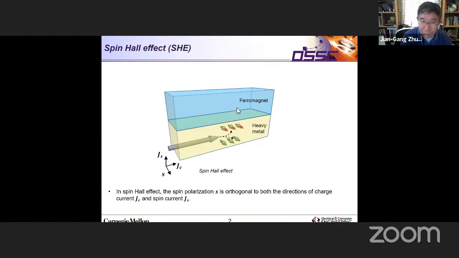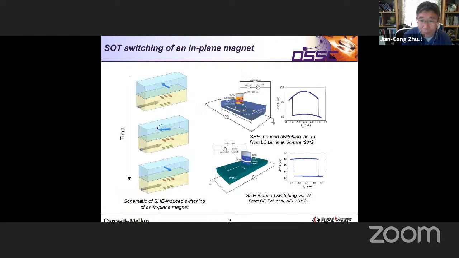So when people first discovered the spin Hall effect, they used it to switch in-plane devices, the tiny magnet, because the injected spin has a horizontal orientation.